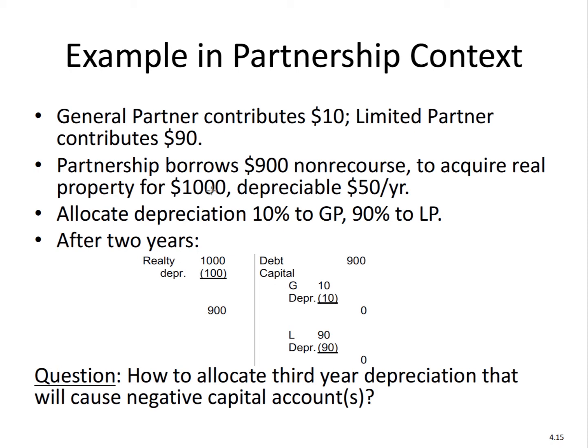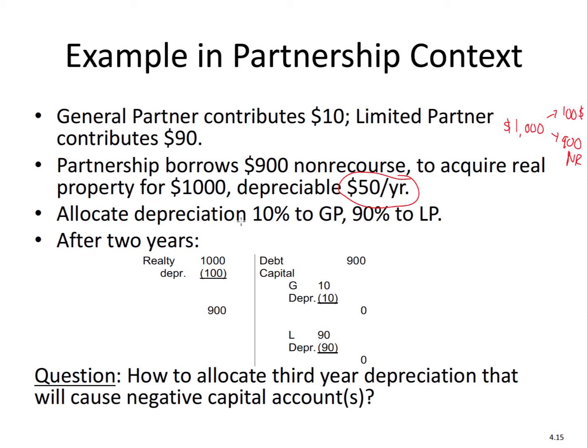Now the partnership is going to pay $1,000, which is the $100 cash and the $900 non-recourse financing. Now the property is depreciable over 20 years for $50 per year. So that's going to be important, $50 per year.